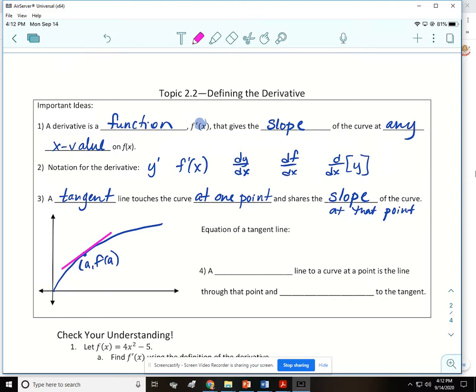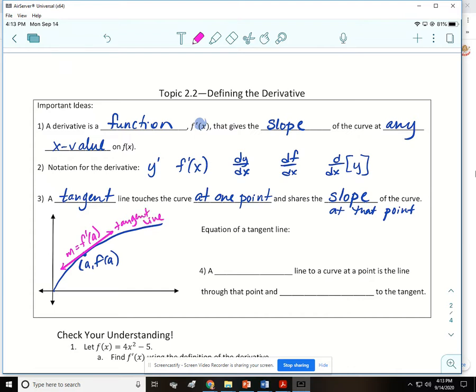And it's going to have the exact same slope as the graph does at that point. So we could say that the slope of the tangent line is going to be the same as f prime of A. So that's the value of the graph of the derivative at A. Okay, so this is the tangent line.